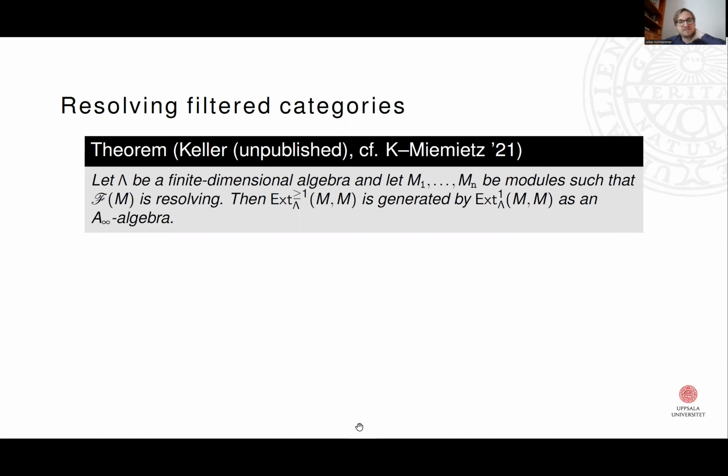Here's another related result due to Keller, I think unpublished, a proof of which you can find in our preprint. If you have arbitrary modules and the category of filtered modules happens to be resolving, then you have a result similar to the case of simple modules, namely the positive part of the Ext algebra as an A-infinity algebra is generated by Ext^1.